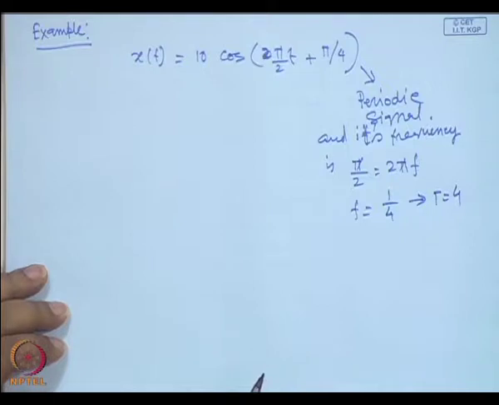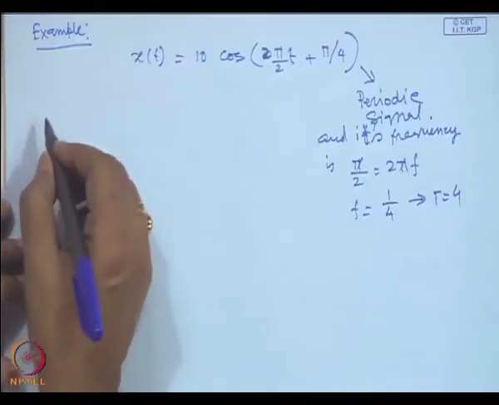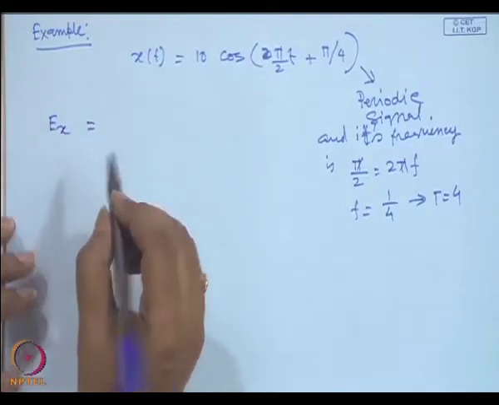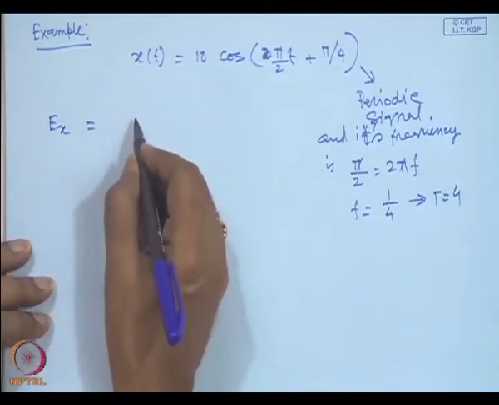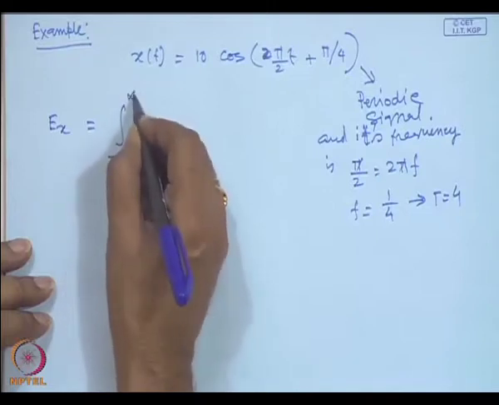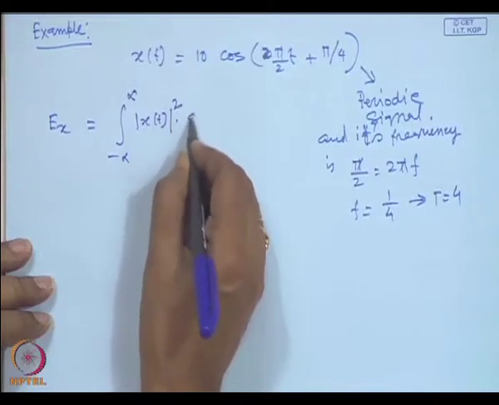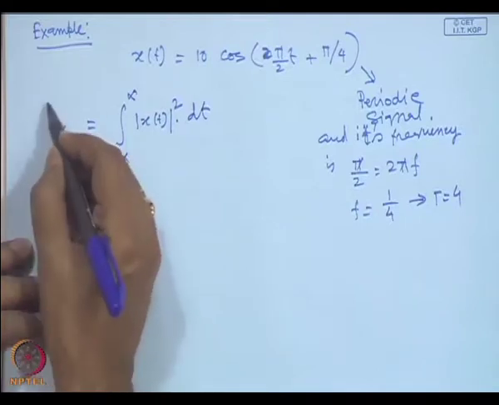The time period is 4. Since it is periodic, it is enough to do the average power integration for one complete cycle. In this case, E of x is the integral from minus infinity to plus infinity of x of t squared dt.